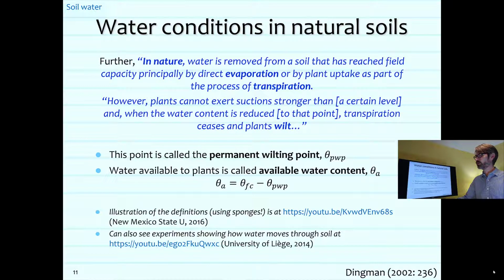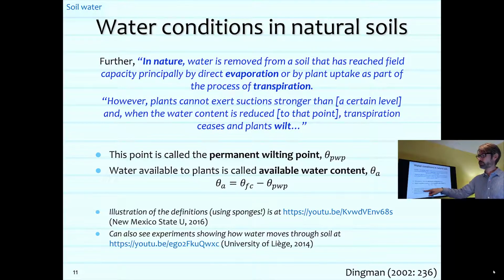This point is called the permanent wilting point, or theta PWP. The water that's available to plants for growth is called the available water content, or theta A, which is the difference between the field capacity and the permanent wilting point.